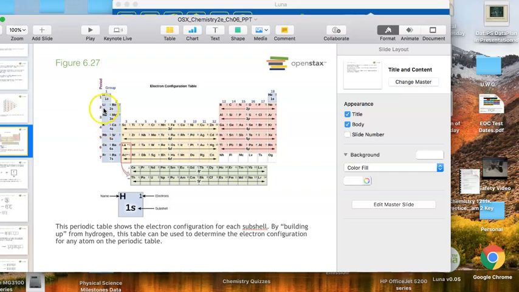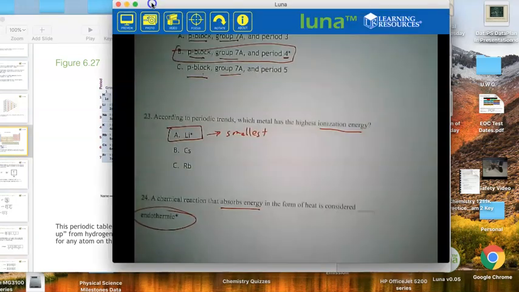The smaller the atom, the higher the energy. We talked about it being very easy to remove an electron from a large atom because the nucleus is so far away. That's easier than removing an electron from a small atom, where the nucleus has a greater pull on the electrons. Considering that, lithium should have the highest ionization energy because it's the smallest atom.